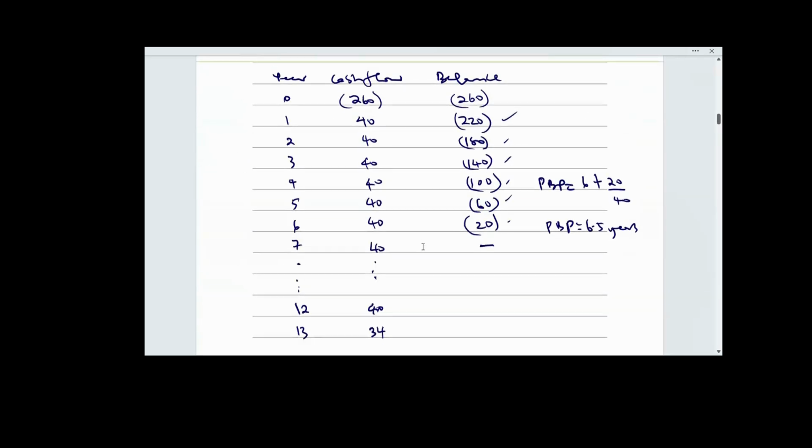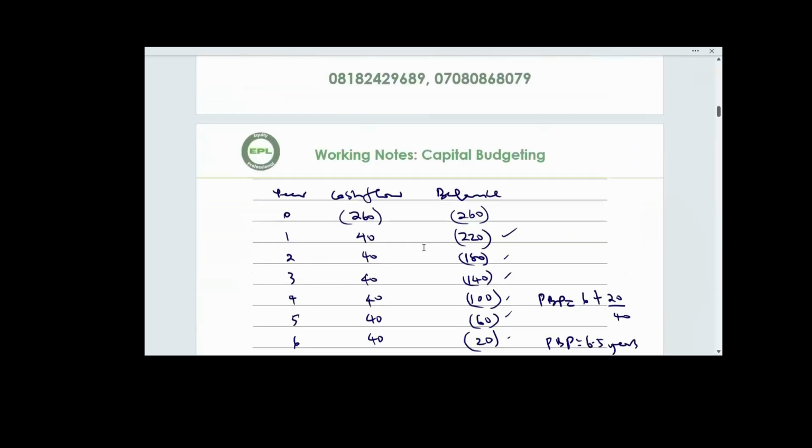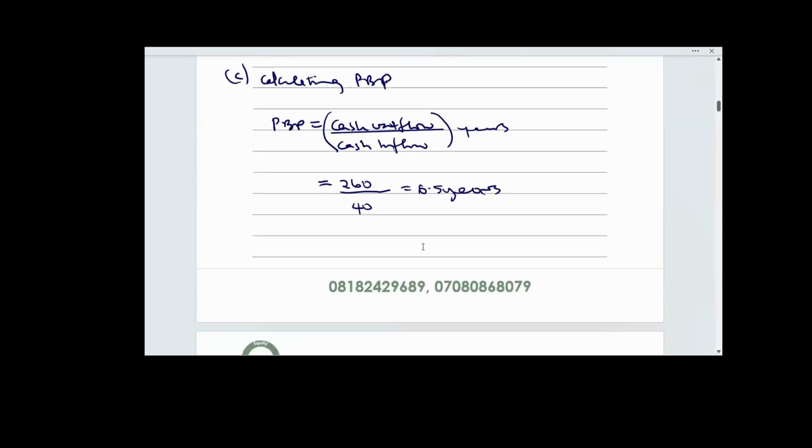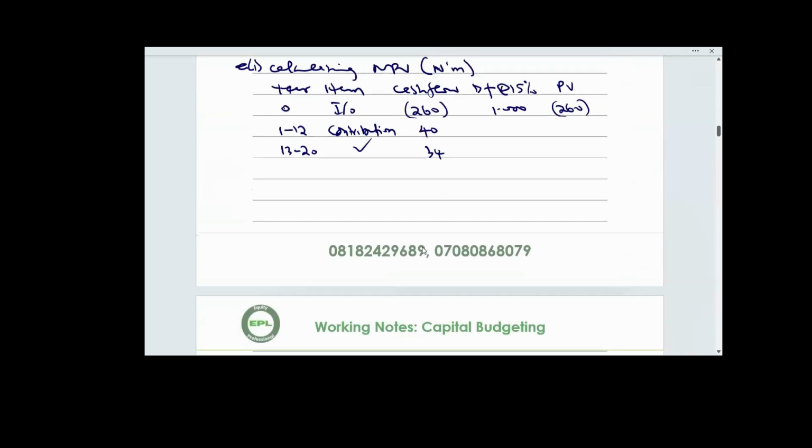Let me see. No space there. So annuity factor, payback period will be there. Let's put our annuity factor here. Annuity factor, AF.